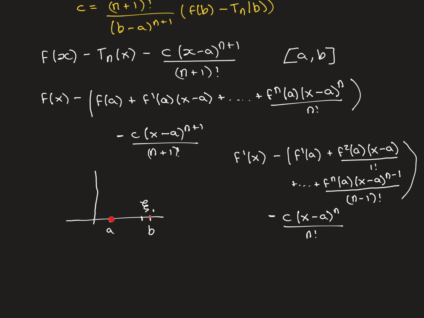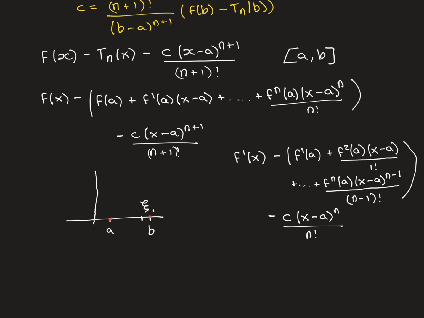So the value of the derivative of our function is 0 at a, and we also know that at this point here, xi1, the derivative of our function is 0. So what we're now going to do is apply Rolle's theorem again, this time not to our function, but to the derivative of our function, because the derivative of our function has the same value at a and xi1, and it's also going to be continuous everywhere on that closed interval from a to xi, and differentiable everywhere on the open interval from a to xi.